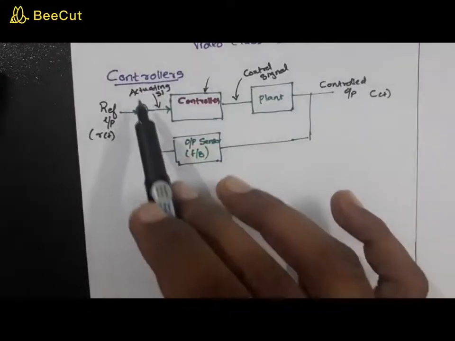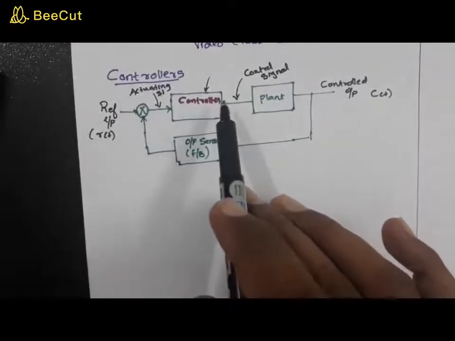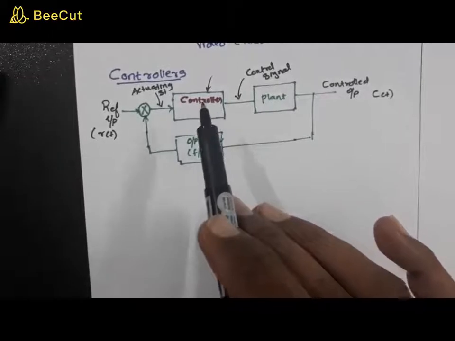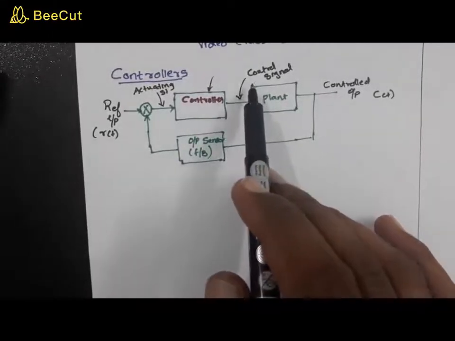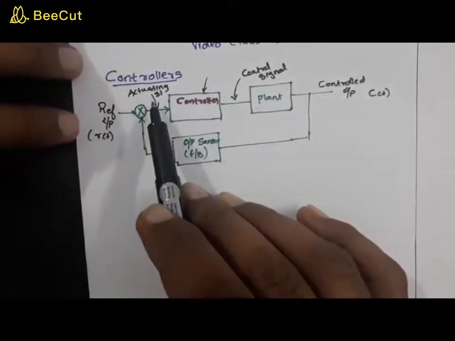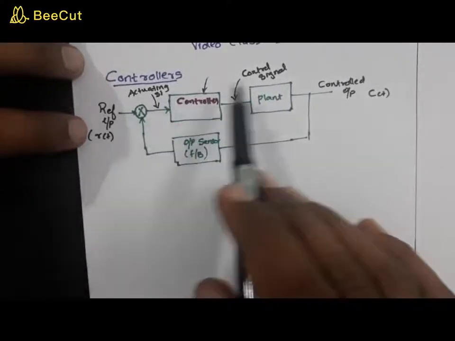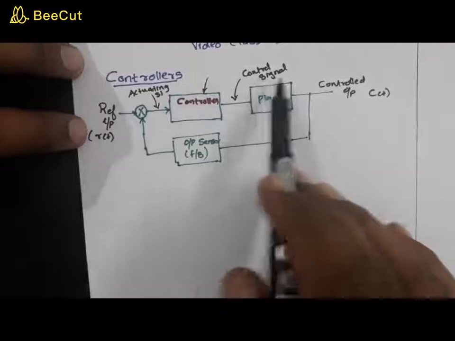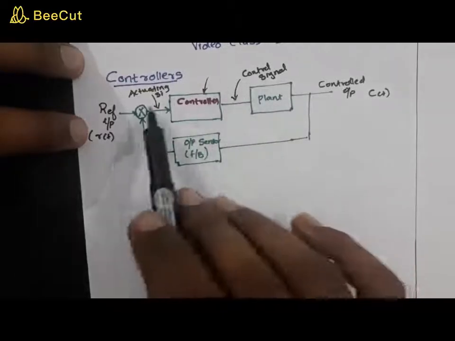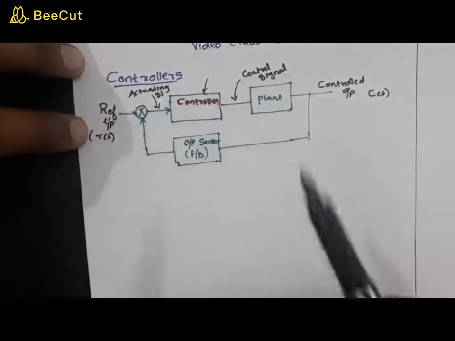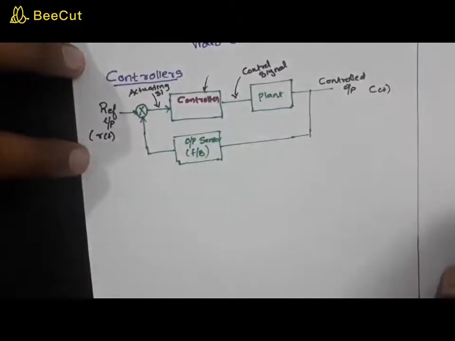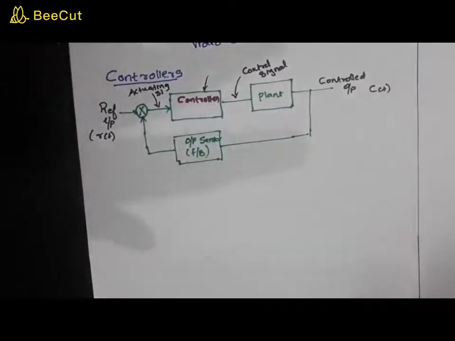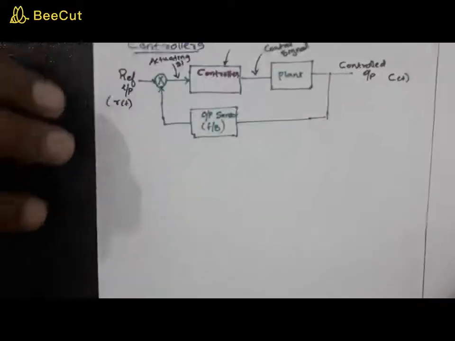Now based on this, the controller can give different types of output. When you analyze the input and output of the controller, there can be some relations, and based on that relationship, controllers can be classified in many ways, and that's what we are going to study.